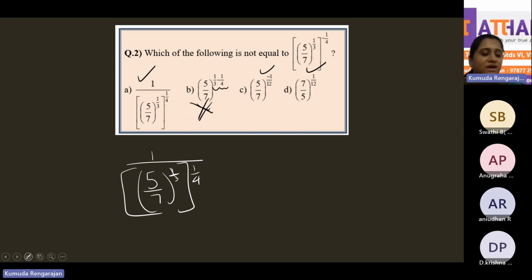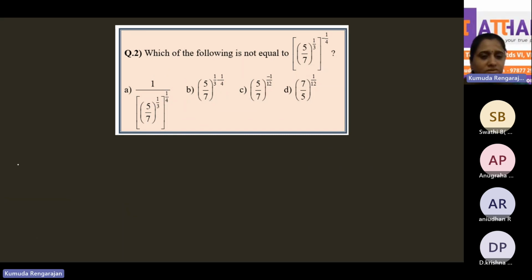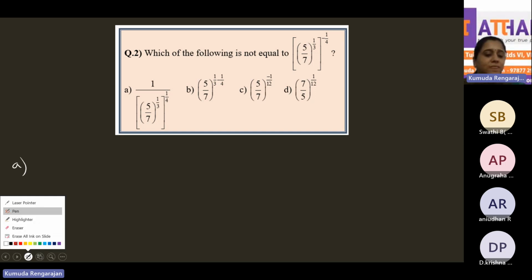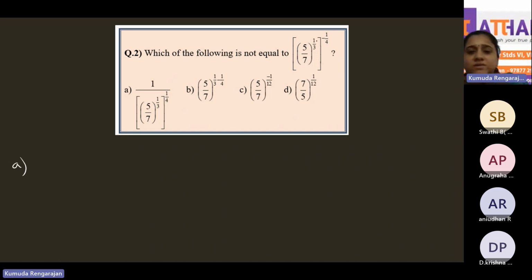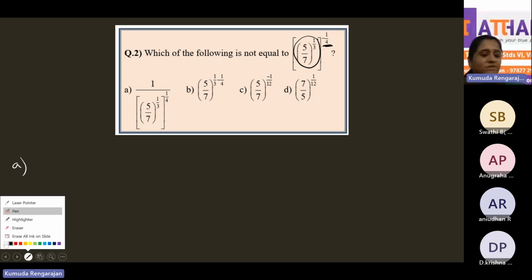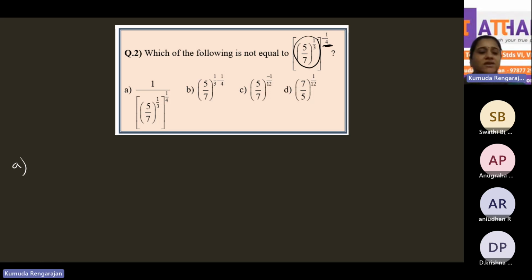For the first option, it is correct because, treat this one as the base and this one as the power. The power is negative, right? How will you make it positive? By taking the reciprocal of the base. What's the reciprocal of the base? The base is this one, whatever I've circled.